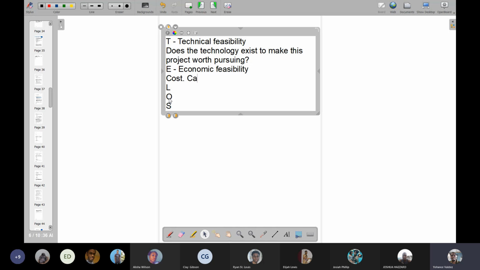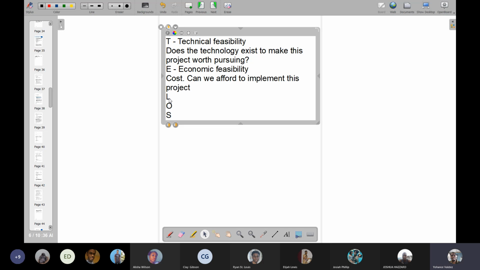It considers the cost. Can we afford to implement this project? So that's the basic question behind it in terms of producing a feasibility report. Can you afford to implement this project?